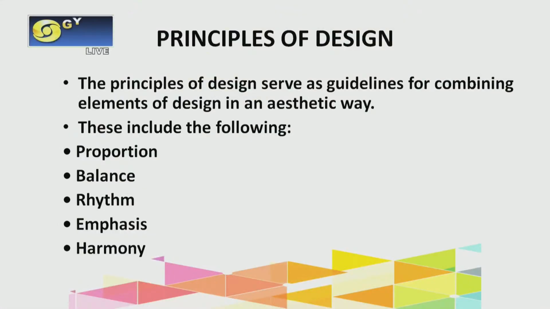Till now we have talked about the 6 elements of design, which tell you the look, how it will look, how it attracts a person. When we come to the principles of design, it shows how aesthetically appealing the garment will be after using these principles. So there are 5 principles: proportion, rhythm, balance, emphasis, and harmony.